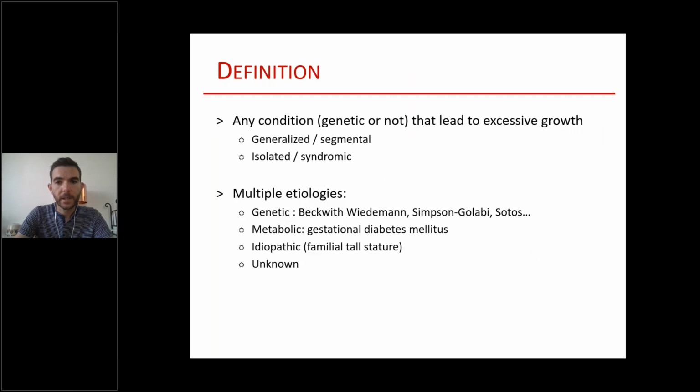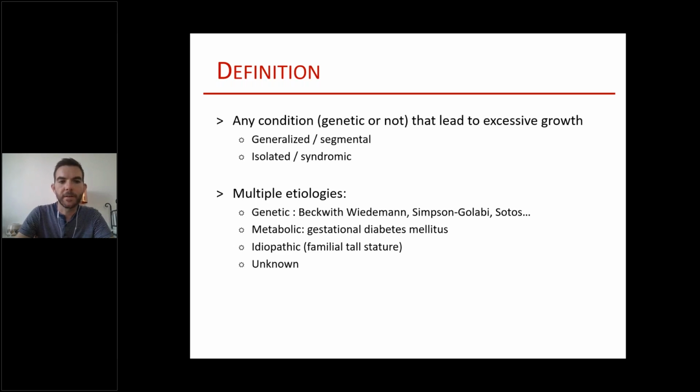So what are overgrowth syndromes? Overgrowth is defined as any condition, genetic or not, that leads to excessive growth. The overgrowth can be generalized and occur in the whole body, or it can be segmental. It can be isolated, but it can also be syndromic, meaning that overgrowth is associated with other clinical symptoms.